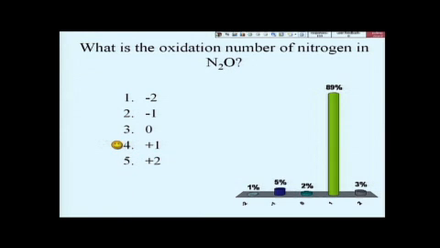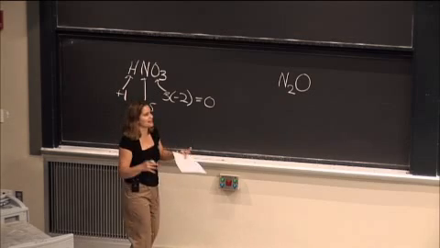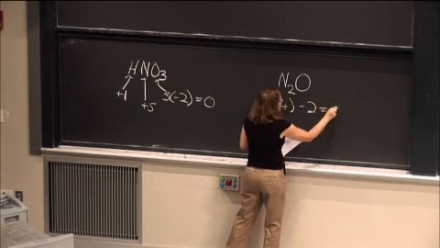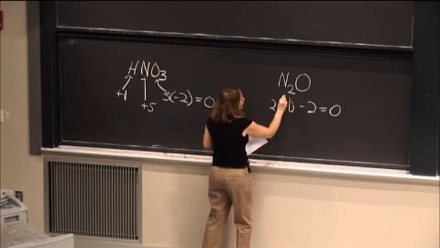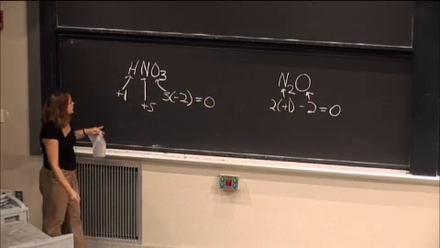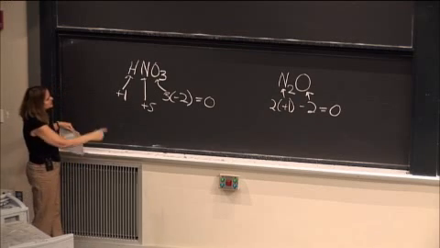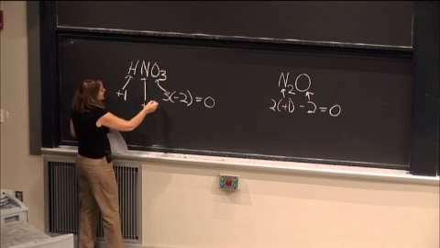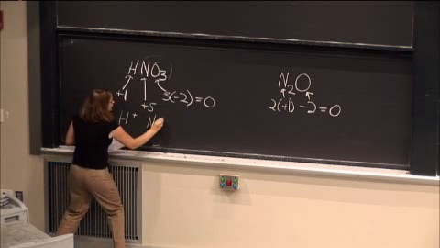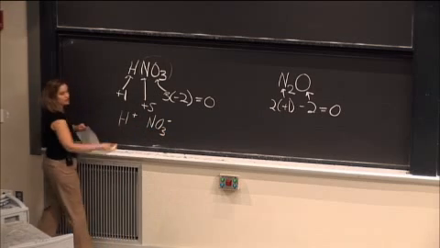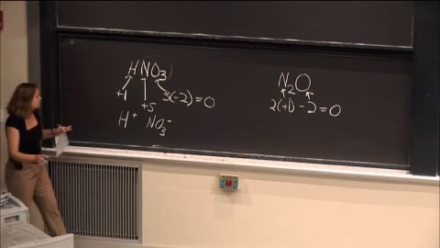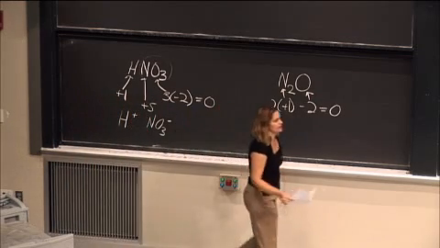Excellent. Not necessarily for the competition, since most people got it right, but I loved seeing people get it right. So 2 times +1 minus 2 is 0, so we know our states here. And I'll just tell you another thing you can do in doing these problems. If you recognize that something is often seen as a unit here, you can also think about this as H plus and NO3 minus, and you would get the same answers to the problem. So if it's a little complicated and you want to break it apart, you can do that too. You'll get the same answers there.